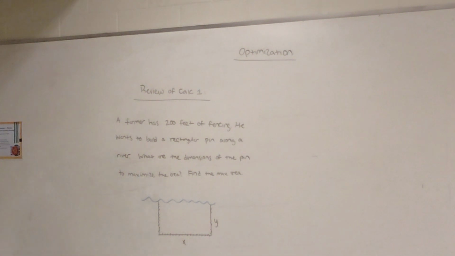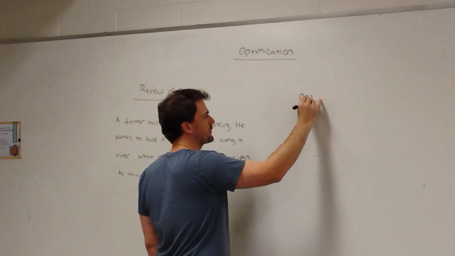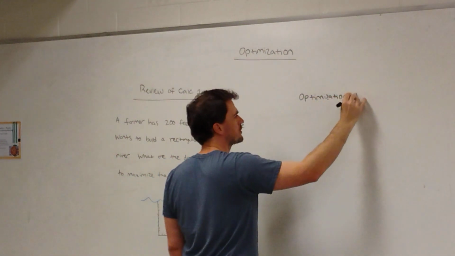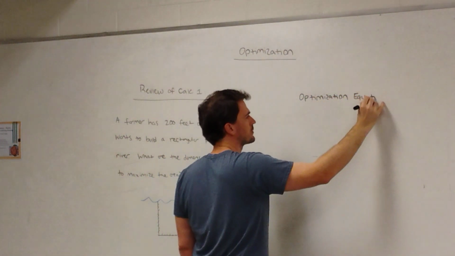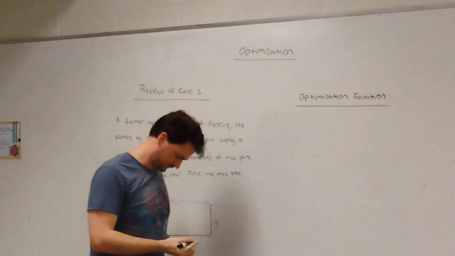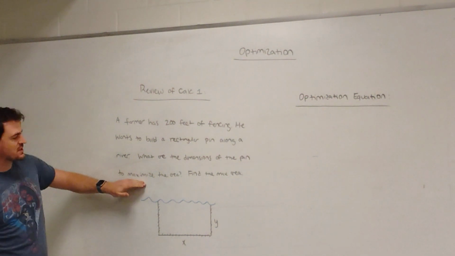For these optimization problems, you're going to have two equations. First, we start by finding an optimization equation. The optimization equation is the thing you're trying to optimize, meaning the thing you want the maximum or minimum of. We want the max area.